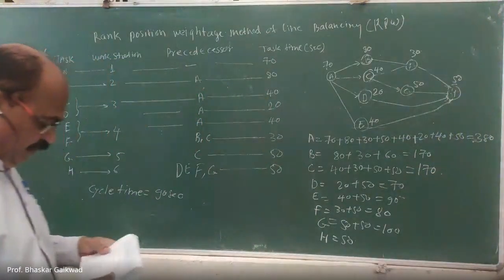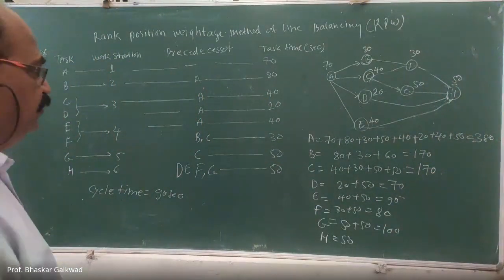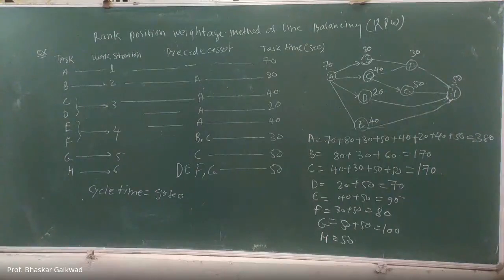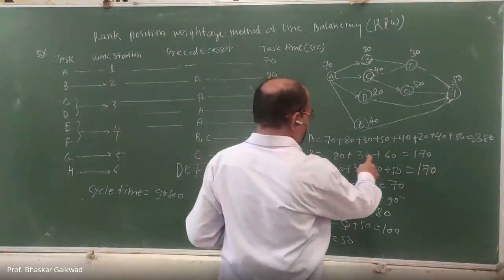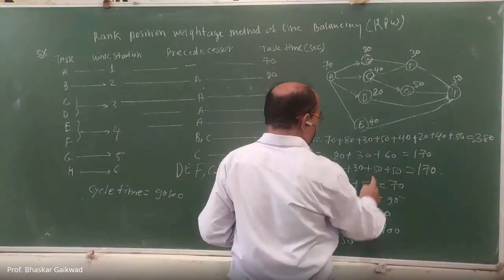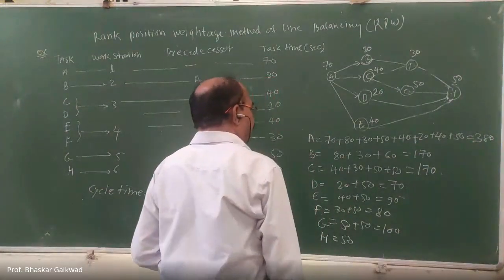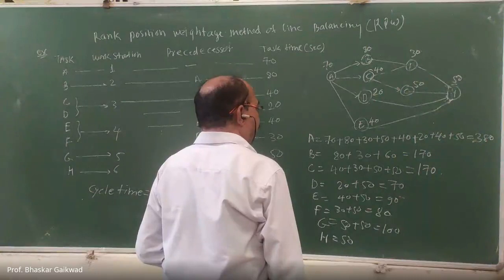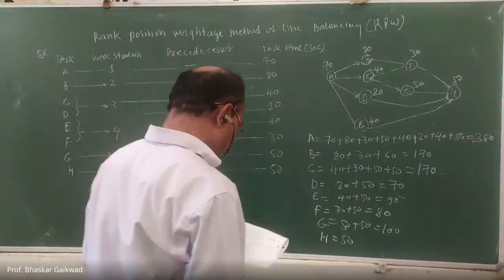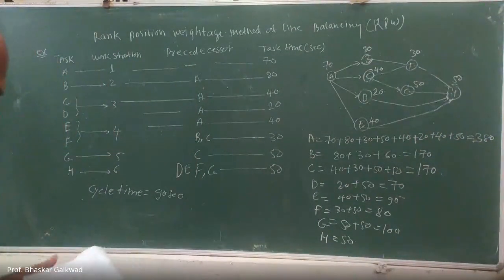After that we have to decide the sequence. So which is the first, we take the maximum time as our first, after that minimum. 50 plus 30 plus 50.